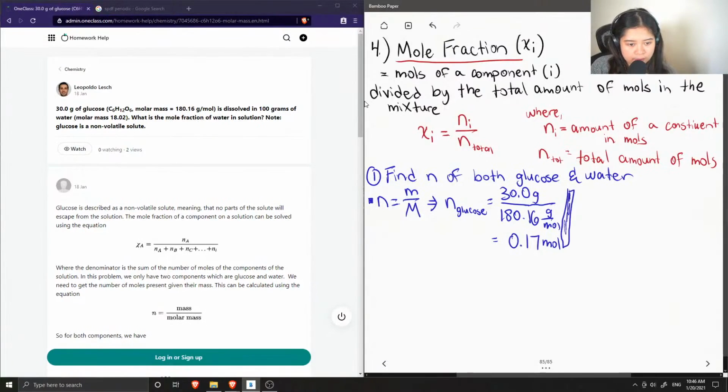Okay, so now let's find the number of moles of water. We have 100 grams of water, and we know the molar mass of water is 18.02 grams per mole. So 100 divided by 18.02 is 5.55 moles.